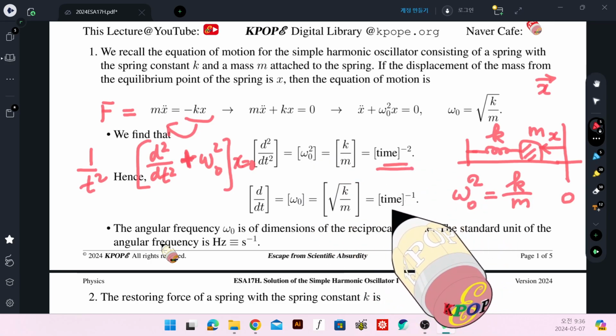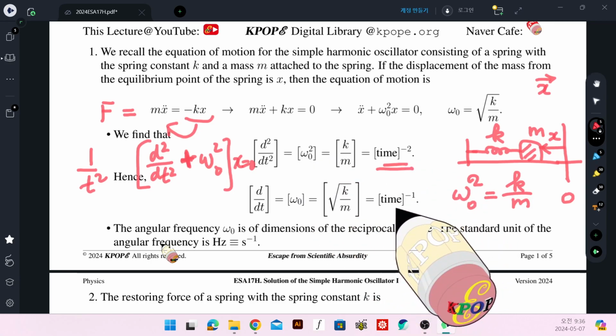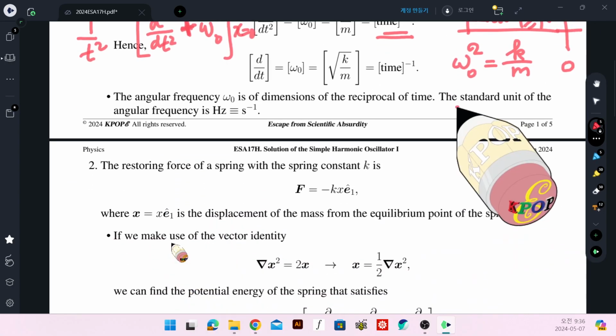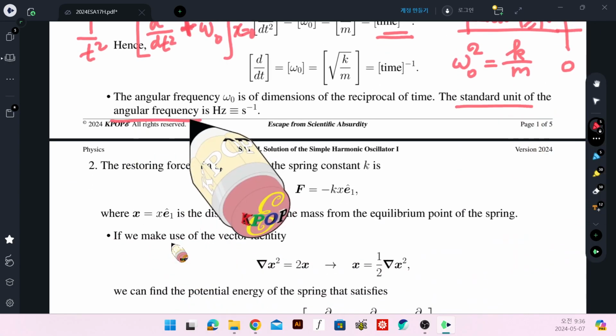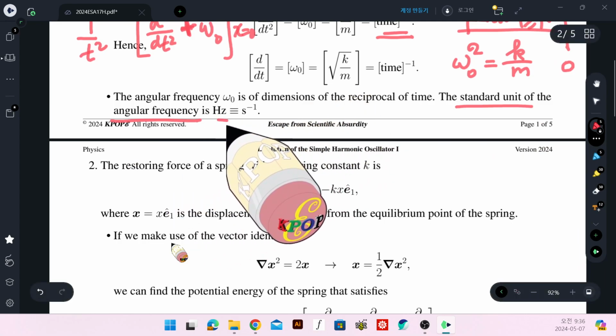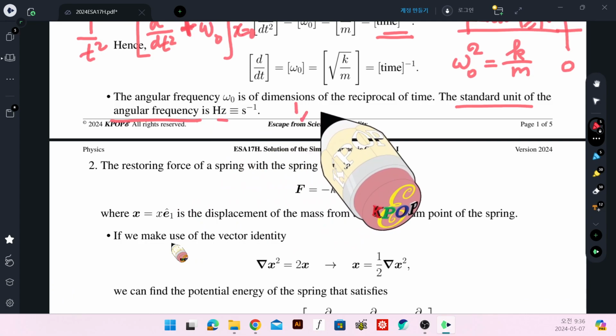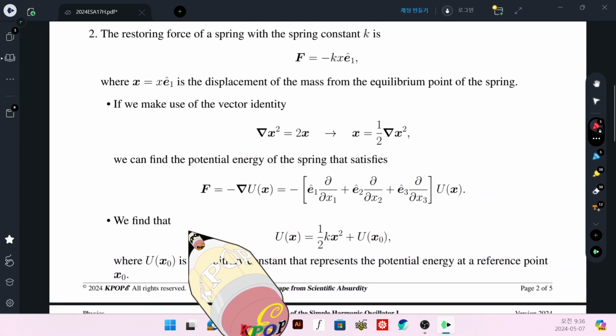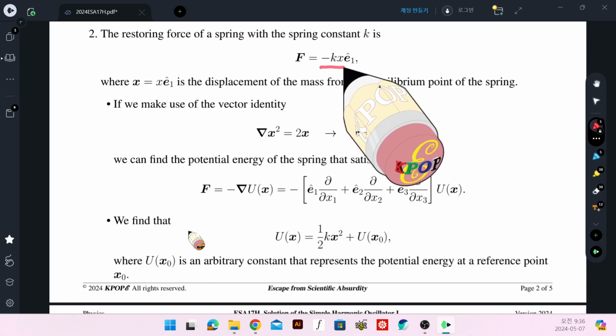Again, it is the reciprocal of time. The standard unit of the angular frequency omega 0 is hertz, defined to be 1 over second.